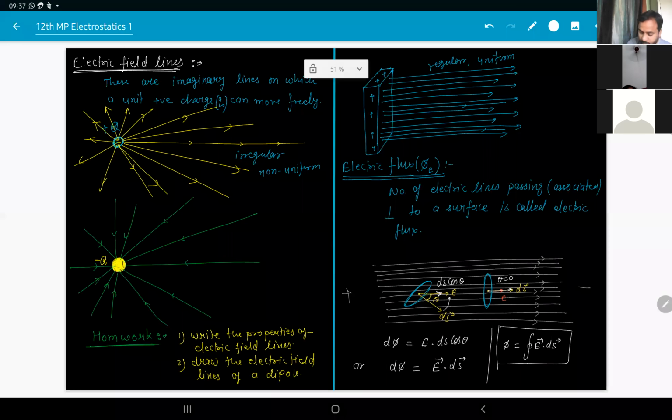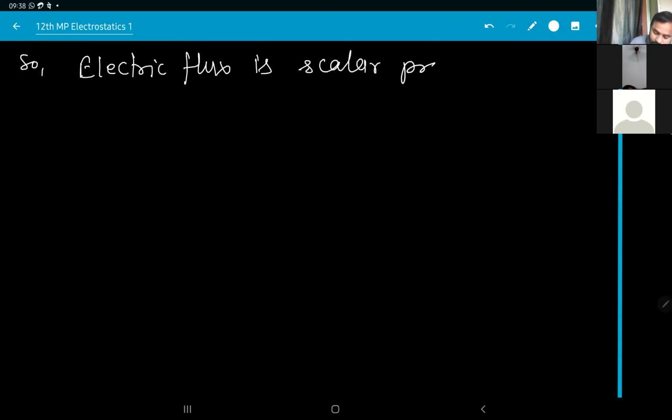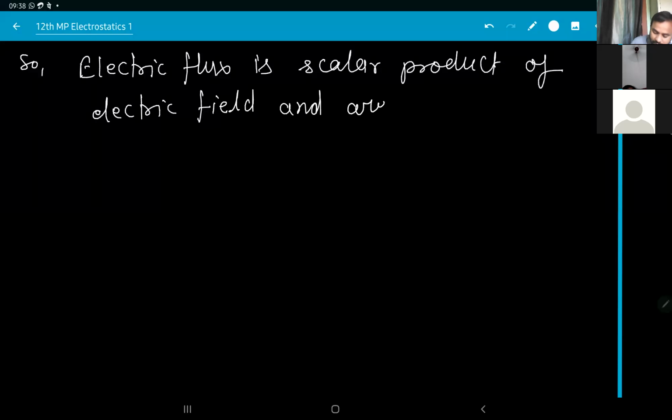So we need to write the definition again, and the definition will be: electric flux is the scalar product of electric field and area vector.